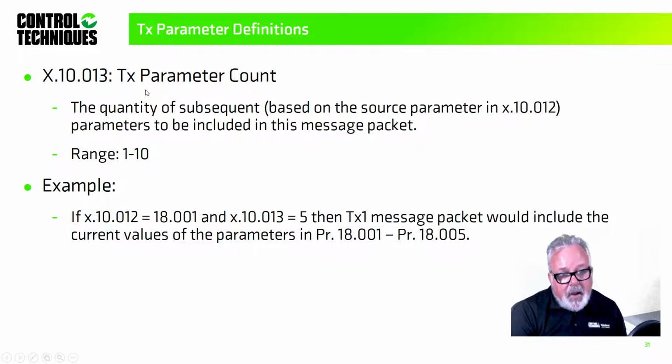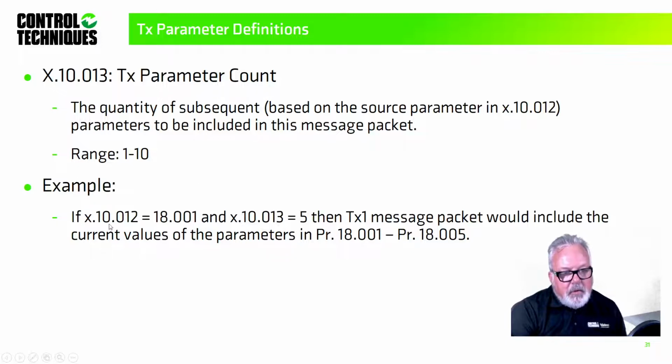Then we have a parameter count. So here's where the contiguous part comes in. The quantity of subsequent parameters based on the source parameter to be included in this message packet. So you can have a minimum of 1, which is the source parameter itself, or up to 10 total.